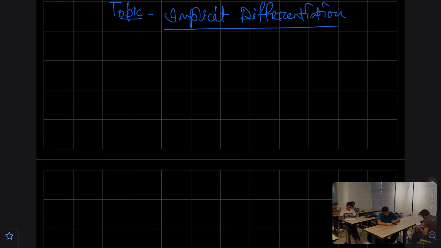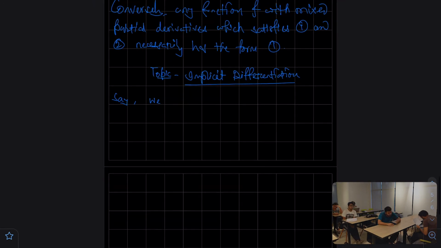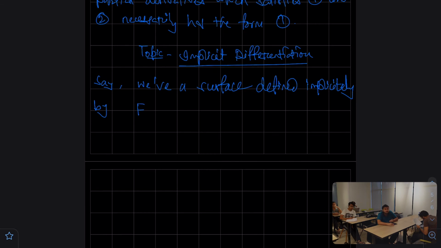So say we have a surface defined implicitly by this equation, which is f(x, y, z) equal to 0. Okay. So we said this is an implicit representation of the surface.